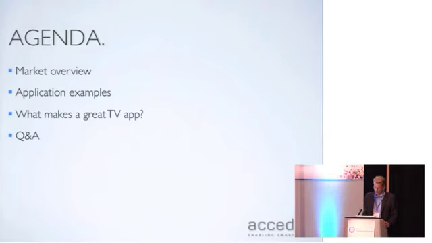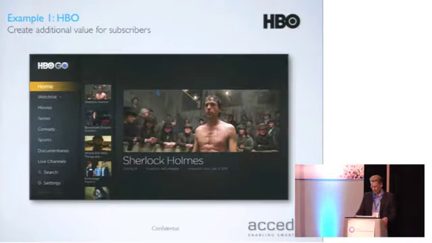So the first example I have is from one of our US customers, which is HBO. I'm sure all of you know about HBO, and they have a very premium brand for consumers, right? So everyone knows about HBO. They're paying $20 per month for their HBO subscription, but they can only enjoy that HBO subscription through their set-top box, through their TV device that they have, you know, from Comcast or Time Warner Cable or something similar.